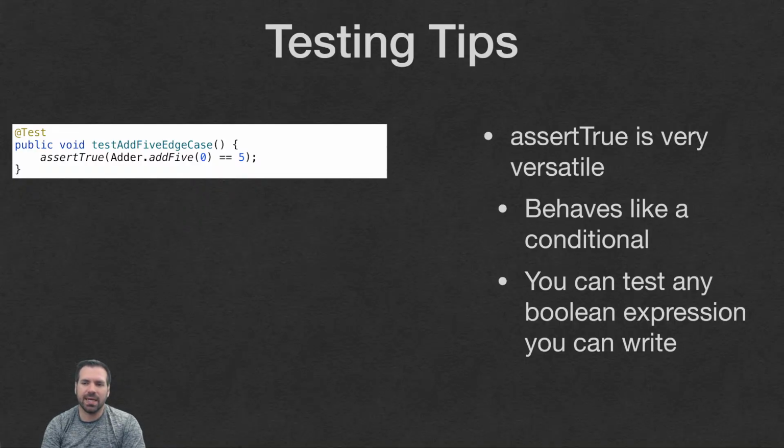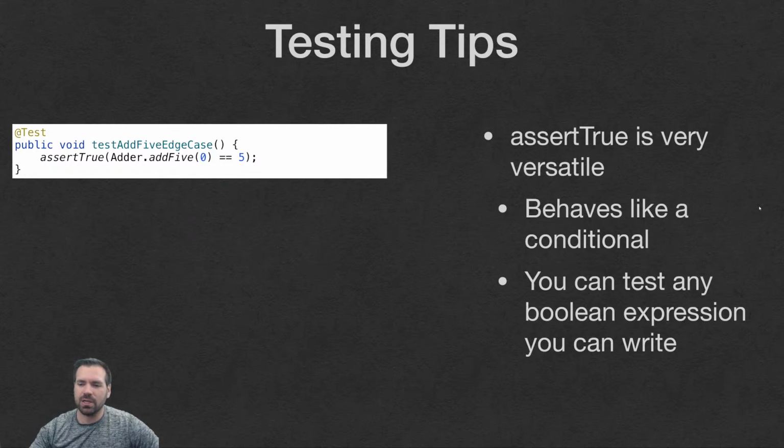Okay. So assert true, I said this is your sledgehammer. This will do anything you ever want it to do. If you have any testing ever throughout your entire career, you can use assert true and it'll get the job done. Sometimes it might be a little more work, but it will work for you. Anything you want to test, you can write as a Boolean expression, period. There's nothing you can't write as a Boolean expression to be able to test.